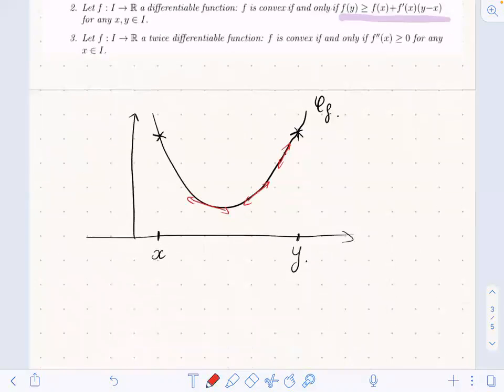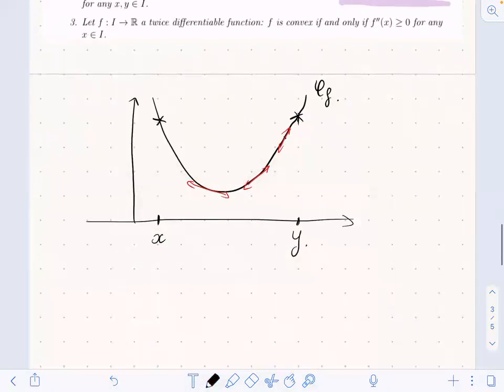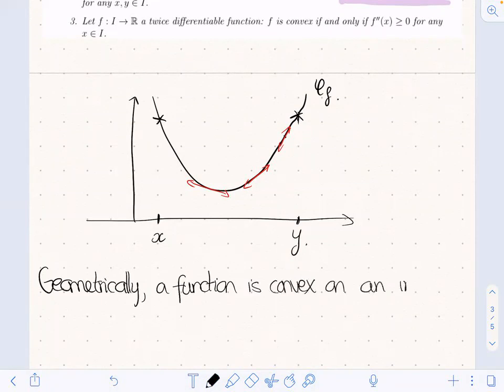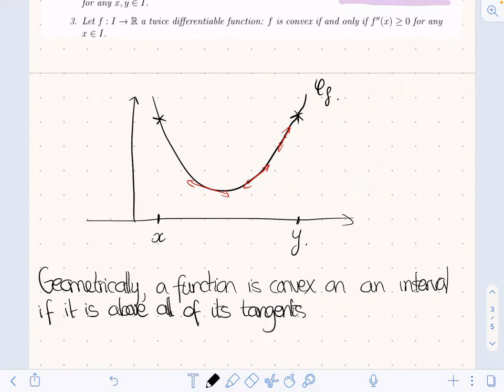So what you can take away geometrically is that a function is convex on an interval if it is above all of its tangents on the interval.